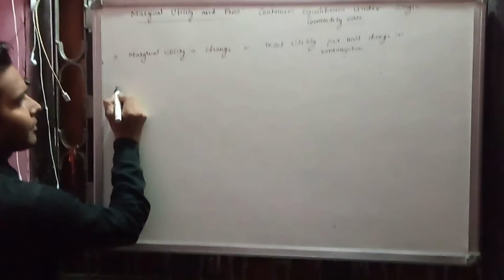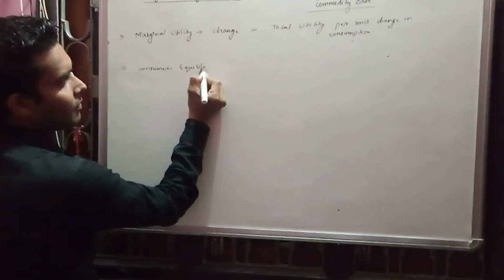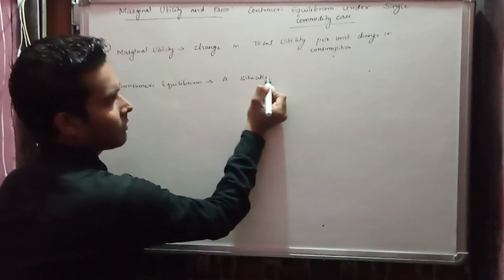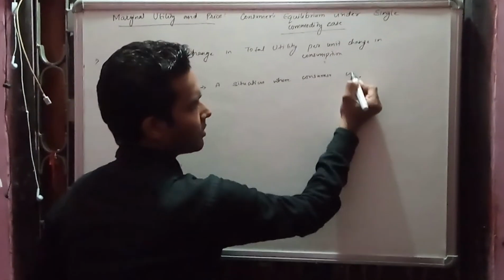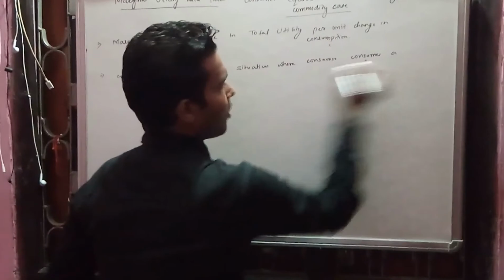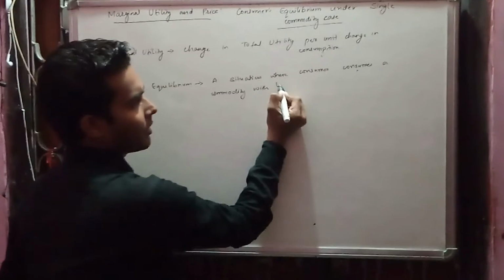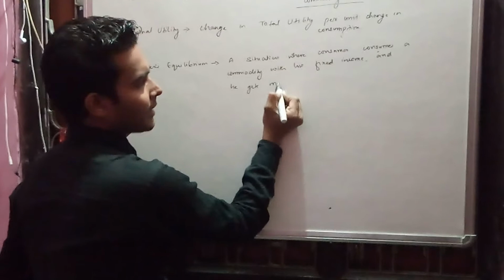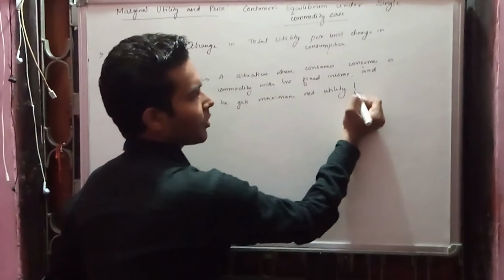What is consumer's equilibrium? Consumer's equilibrium is a situation where a consumer consumes a commodity with his fixed income and he gets maximum net utility from the commodity.